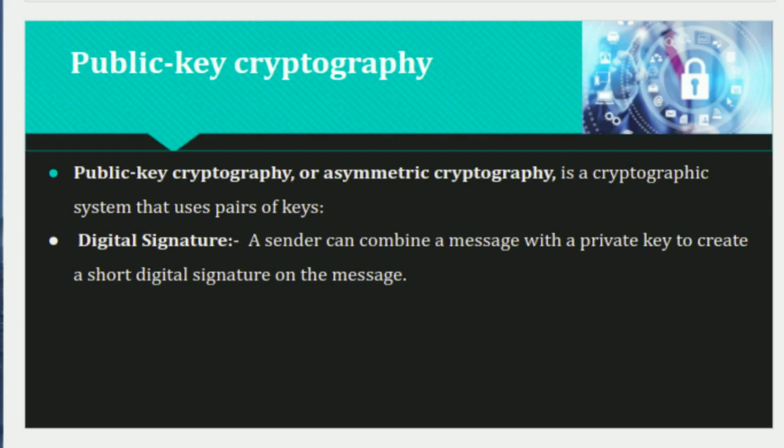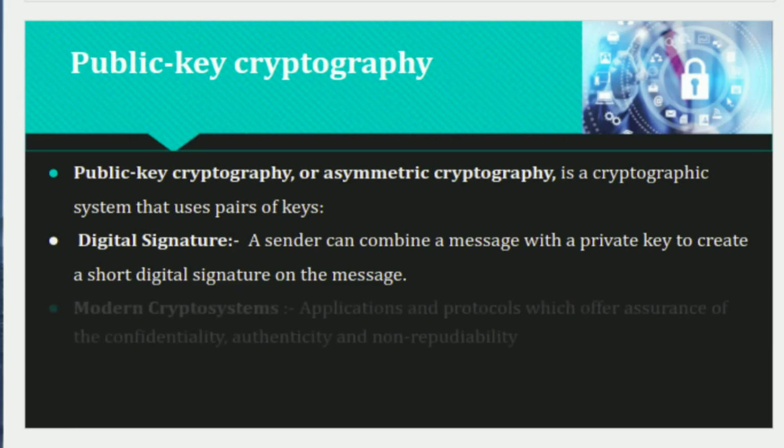With public key cryptography, robust authentication is also possible. A sender can combine a message with a private key to create a short digital signature on the message, and anyone with the sender's corresponding public key can combine that message with the claimed digital signature. If the signature matches the message, then the origin of the message is verified.